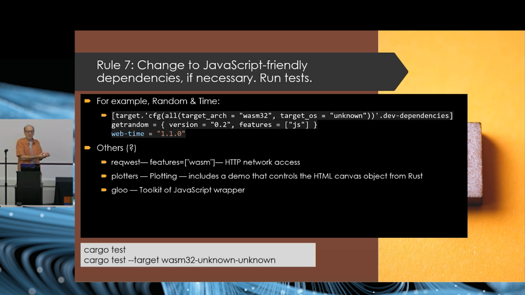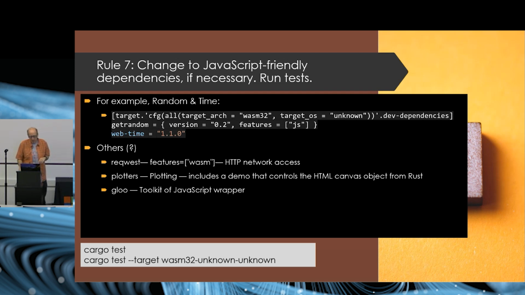There's one called request, where your Rust can actually make HTTP network requests. And it does that by calling back through WASM, which then calls back through your browser, which makes the call. I don't know how well that works. There's something called plotters that obviously does plotting, but also seems to have the ability to control the canvas on the HTML, which means you might have more than just passing numbers and text, which is all I'm doing.